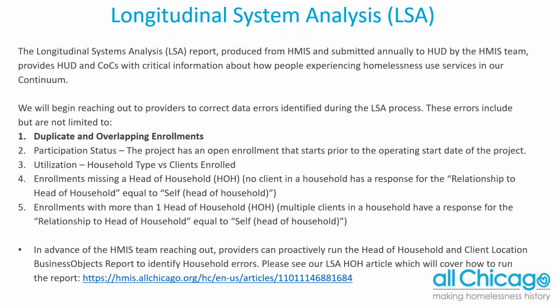And just as a note, in advance of our team reaching out, you can proactively run the head of household and client location business object reports to identify those kinds of household errors. There's a help desk article listed at the bottom of this page that details how to run that particular report.